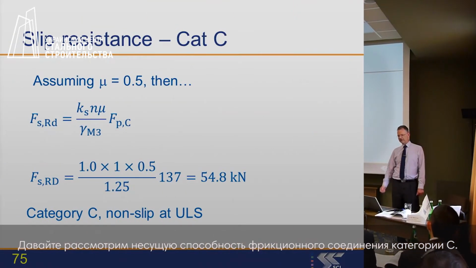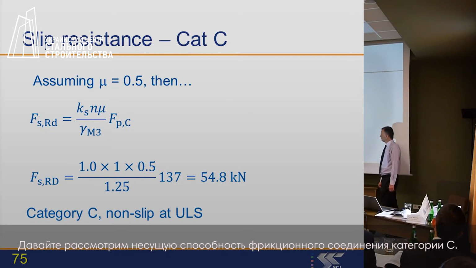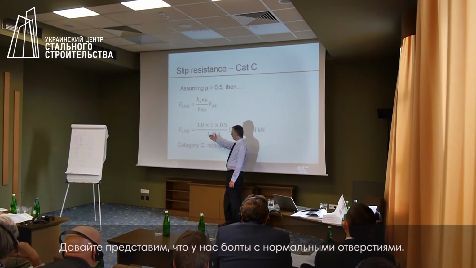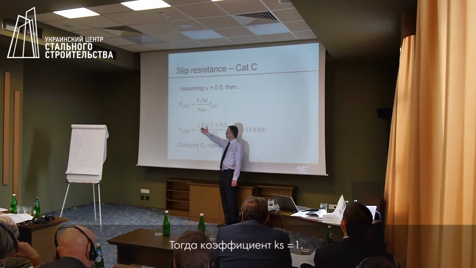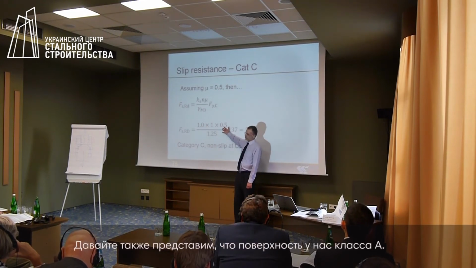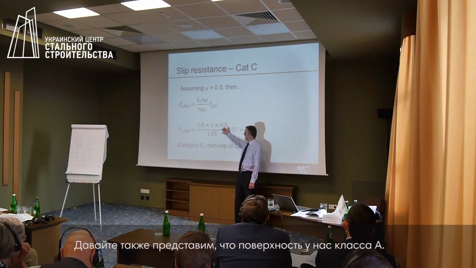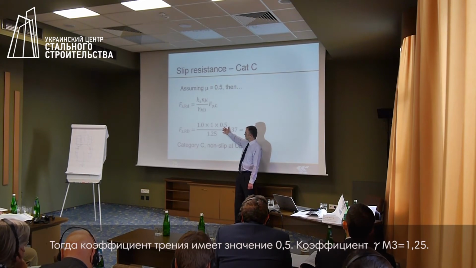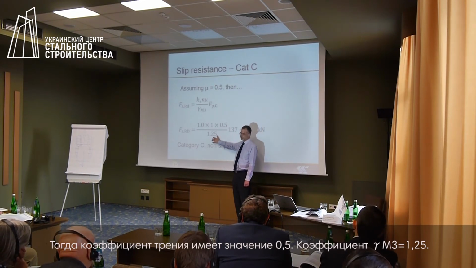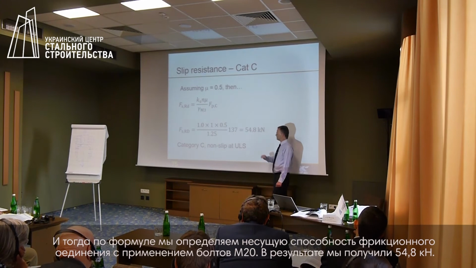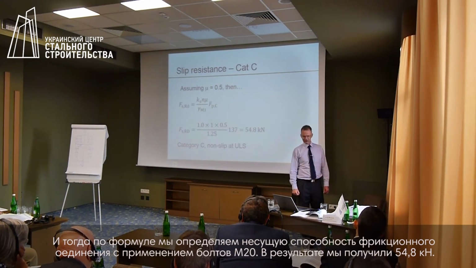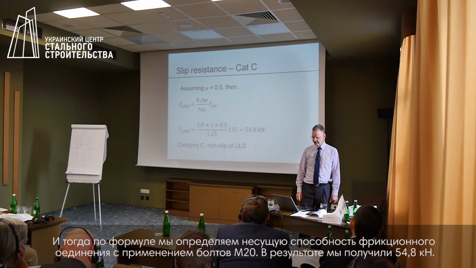So category C then, let's imagine we have bolts in ordinary holes, so the KS factor is 1. Let's imagine we have a surface A, so the slip factor is 0.5, gamma M3 is 1.25, and therefore we calculate the slip resistance of an M20 bolt to be 54 kilonewtons.